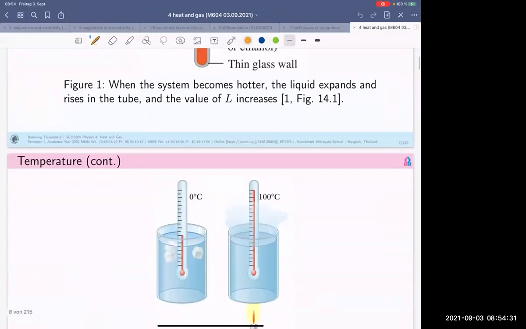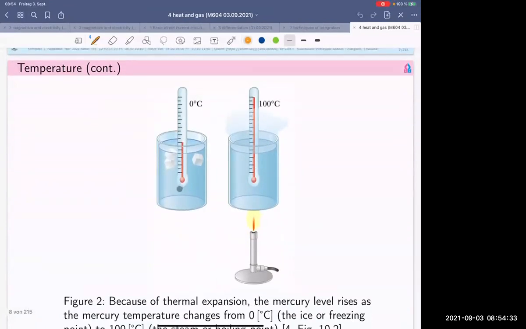Yeah, the next thing is the thermometer in the normal scale, right? You may have seen this in Mathematics 3 or something like that.